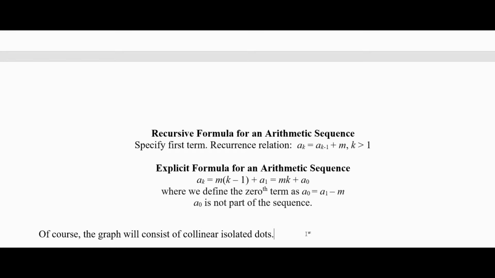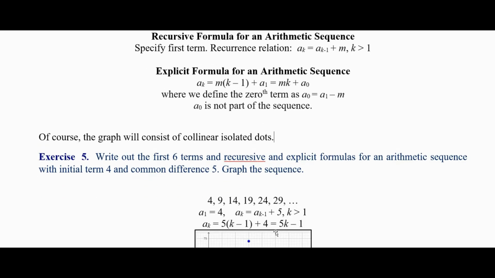So a sub 0 is kind of a non-existent term the way we're defining it. We define the 0th term as a sub 0, which is a sub 1 minus m, but it's technically not part of the sequence, because we're letting the domain be the natural numbers 1, 2, 3. And of course, the graph will consist of collinear isolated dots.